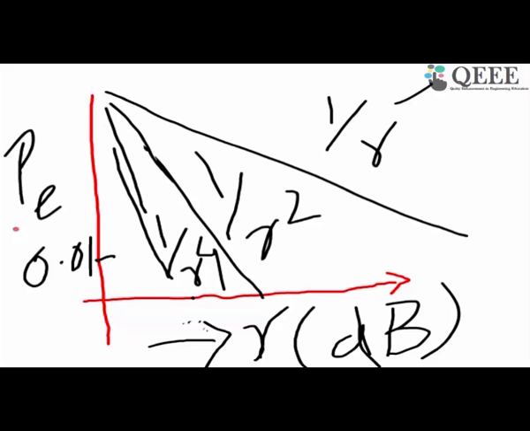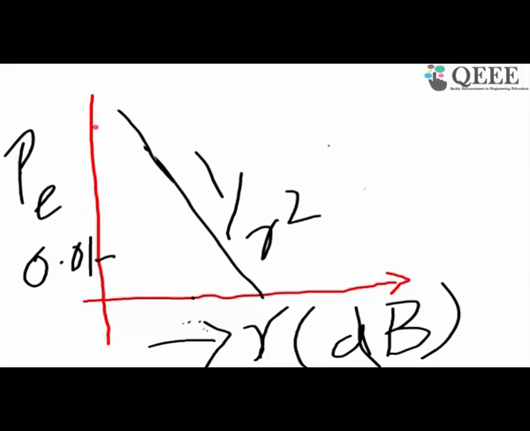So I will take the case of the gamma square, so I am rubbing off the rest of them. Yeah, so this is your 1 by gamma square curve. Now suppose you have a G. Assume that here G is equal to 1. Now, if you have G equal to 2, what you will see is a parallel curve.